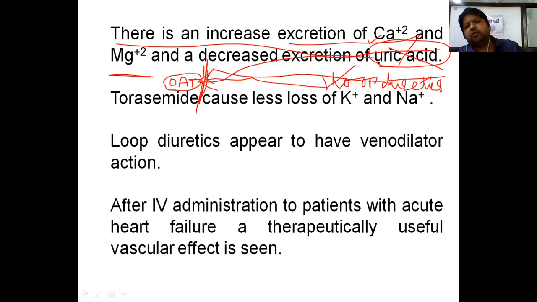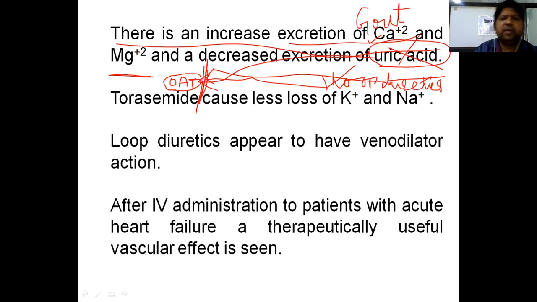Uric acid excretion will be reduced, and as a result, you know that when uric acid accumulates in your blood, it is converted into crystals combined with sodium, forming sodium urate, and that will deposit in your joints and cause severe joint pain. That condition is called gout. That is because of hyperuricemia.